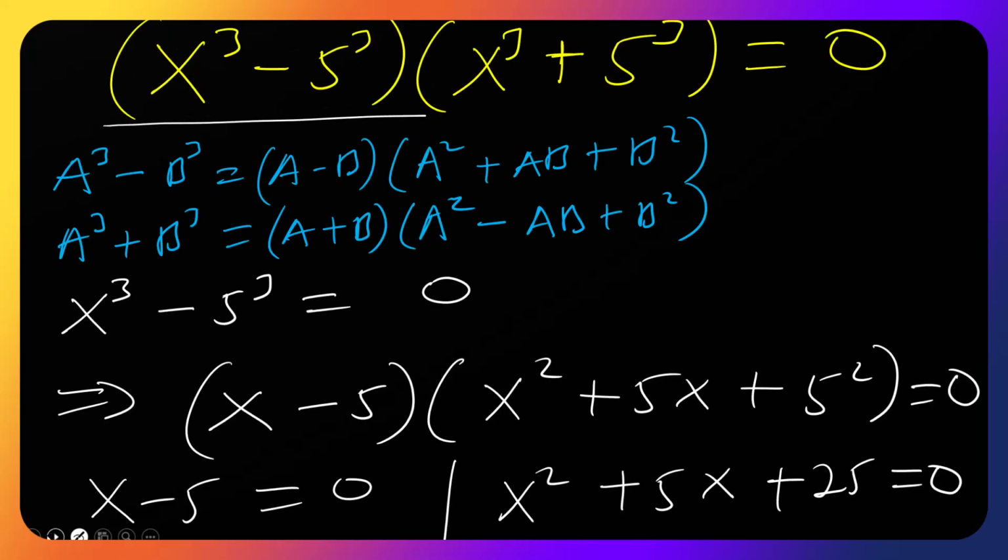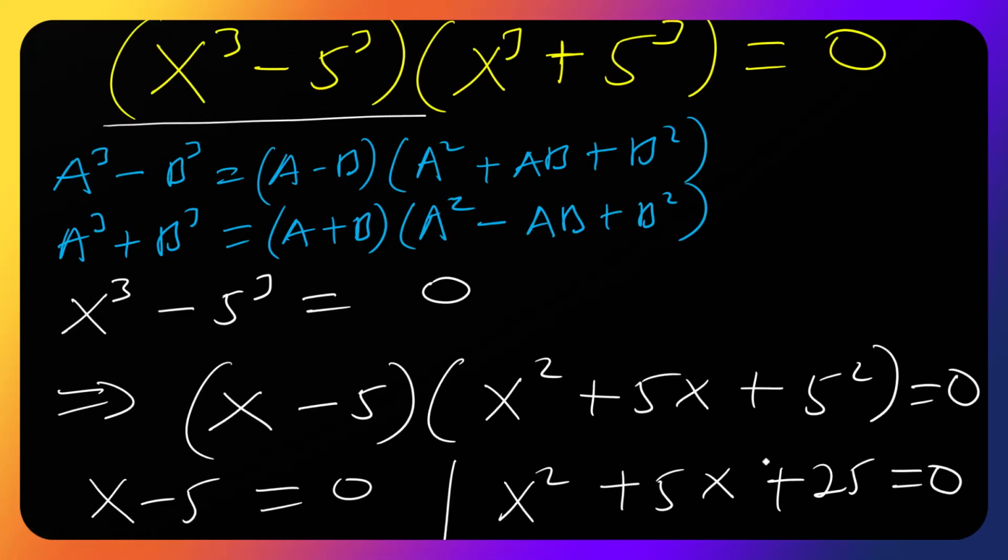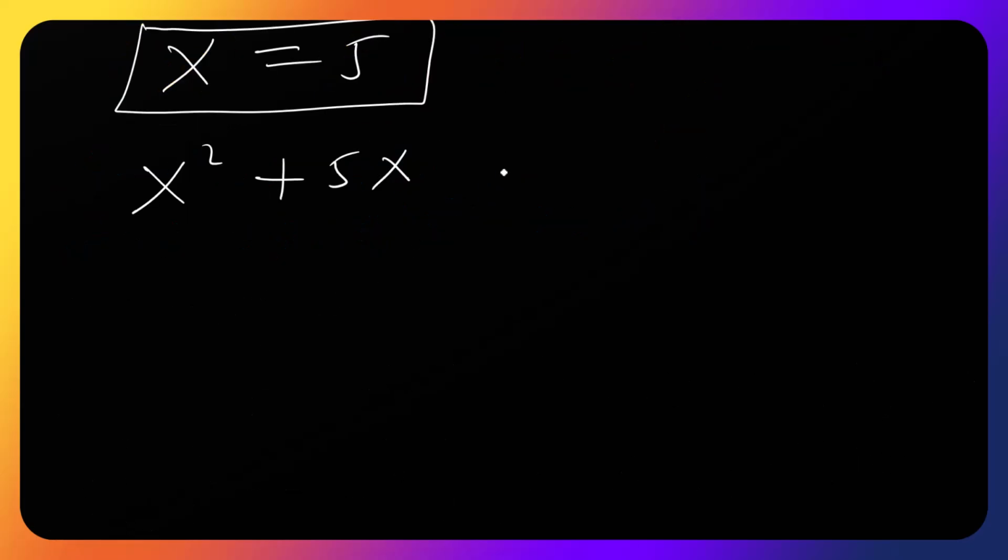Now let's delve into the second one. This one also produces two additional solutions, making 3. So x squared plus 5x plus 25. Now we want to go by the method of completing the square. So I would like to send the 25 to the other side, so that will be minus 25.